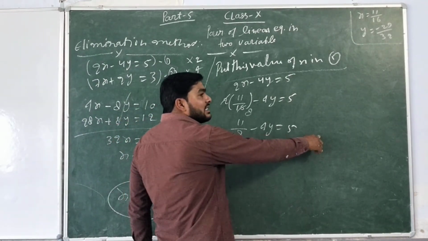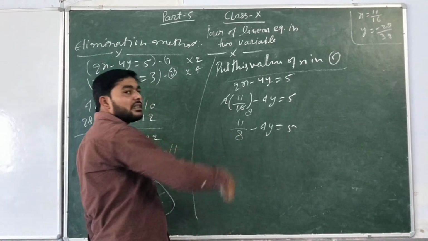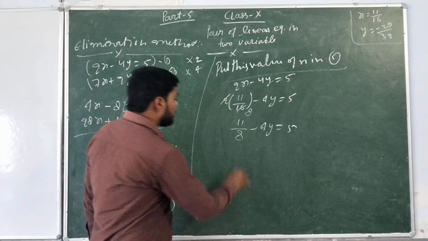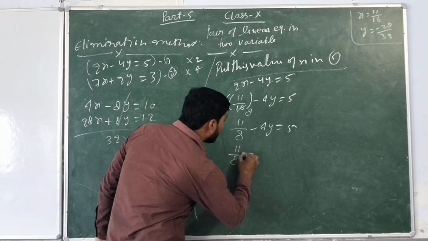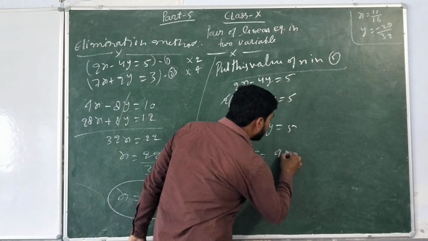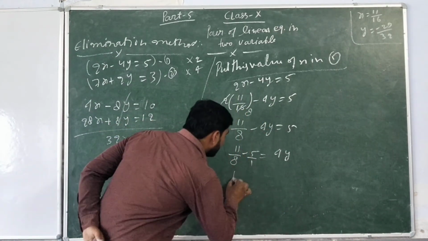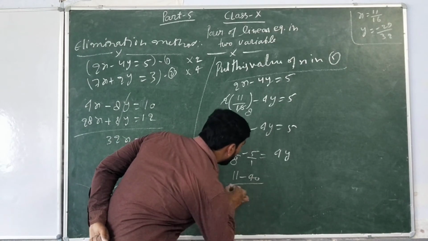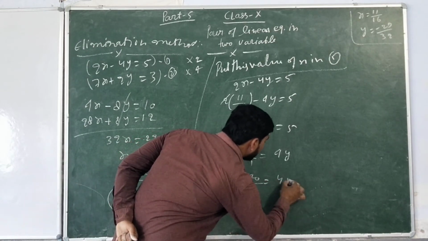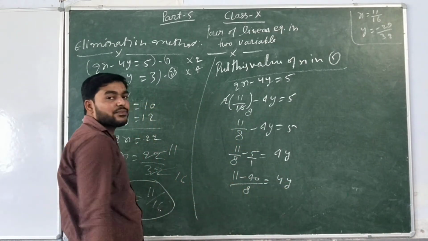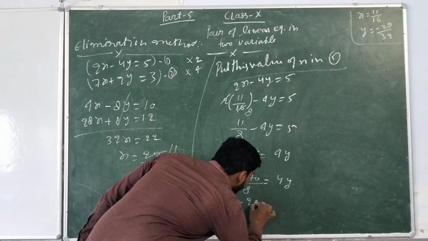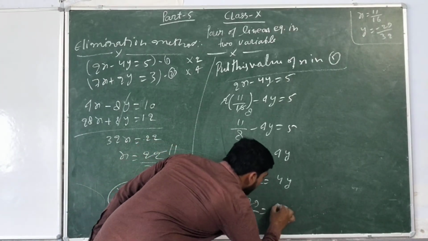Taking it to the RHS, it will be positive. 5 taken to the LHS, it will be negative. 11 by 8 minus 5 equal to 4y. Now taking the LCM, it will be 11 minus 40 upon 8 is equal to 4y. 11 minus 40 will be minus 29 by 8 equal to 4y.